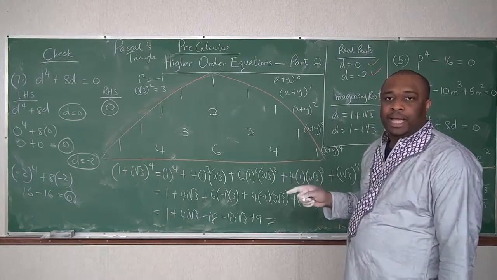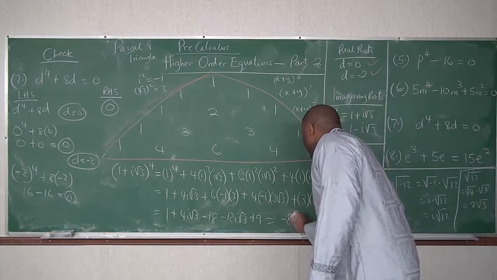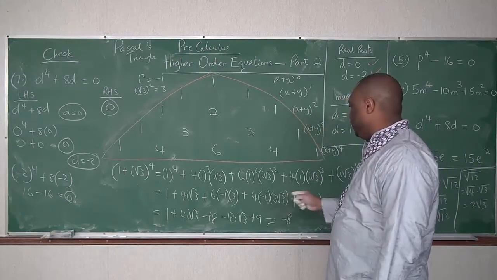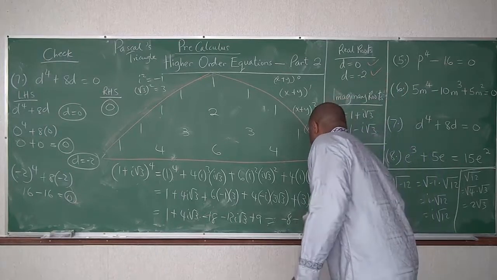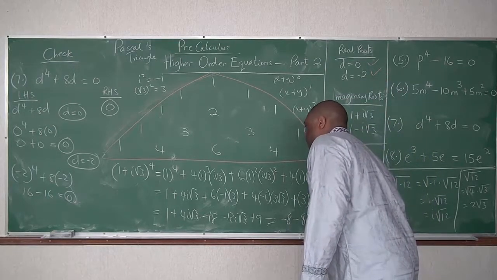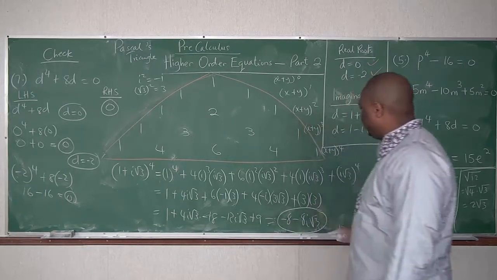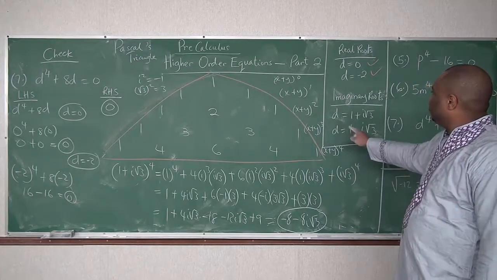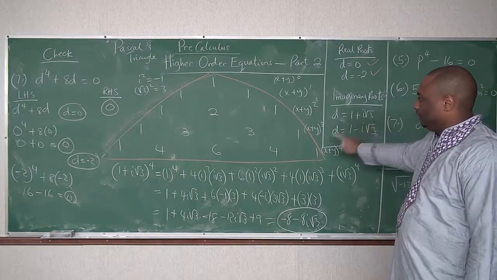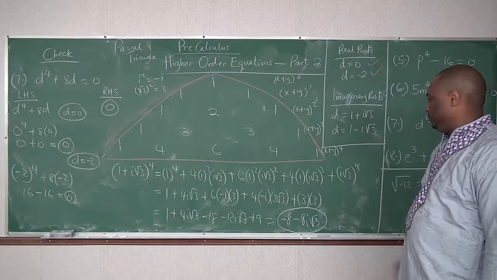Minus 17 plus 9 is minus 8. Then 4 minus 12 is minus 8. So minus 8 minus 8i root 3. Okay, this is what I have for 1 plus i root 3 to the 4.